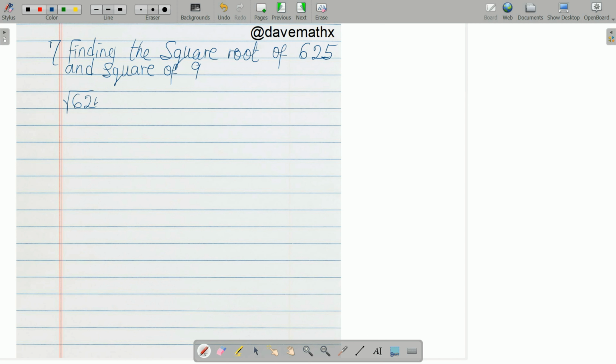Thus, we calculate the square root of 625, which equals 25. Additionally, the square of 9, or 9 times 9, equals 81.